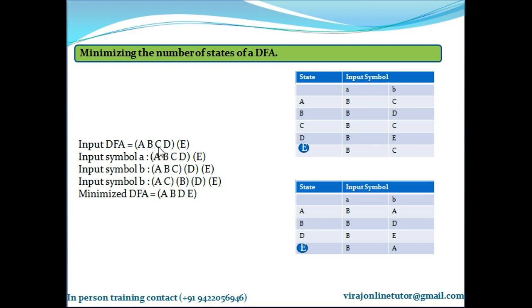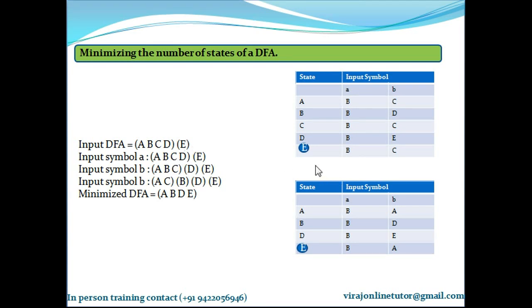B on input symbol a goes to B, which is again in the same group. C on input symbol a goes to B, which is again the same group. D on input symbol a goes to B, which is again the same group. So on input symbol a, all these states go to the same group.